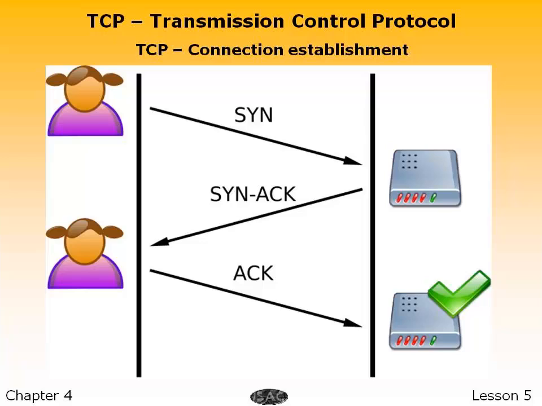TCP uses an end-to-end flow control protocol to avoid having the sender send data too fast for the TCP receiver to receive and process it reliably. Having a mechanism for flow control is essential in an environment where machines of diverse network speeds communicate.